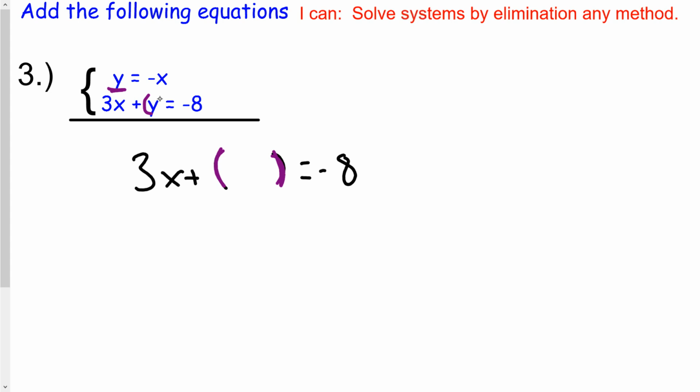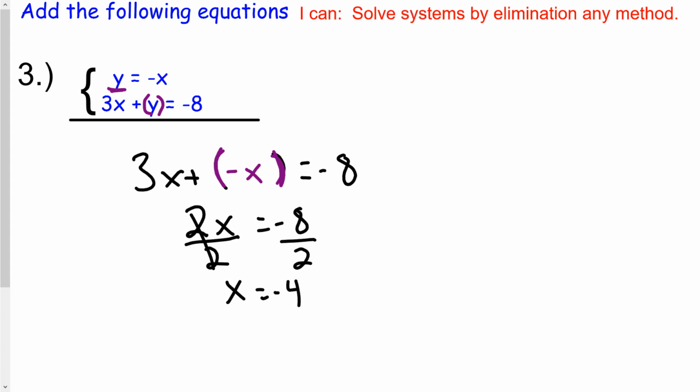So I'm going to replace this y with negative x. 3x plus a negative x is the same thing as 3x minus an x, is 2x equals a negative 8. Divide both sides by 2 gives me x equals a negative 4.